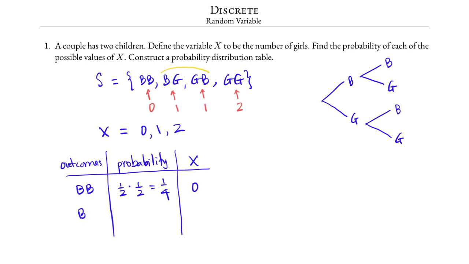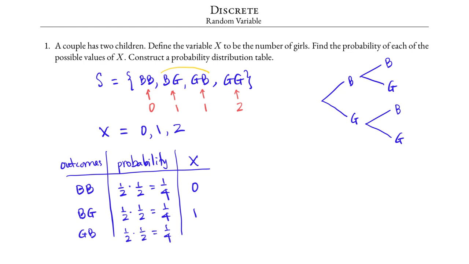Same thing for BG. The probability of getting the boy the first time is 1/2, getting the girl the second time is 1/2, and so that probability is 1/4. x equals 1 in this case. GB: the probability of getting a girl the first time is 1/2, getting the boy the second time is 1/2, so that is 1/4.